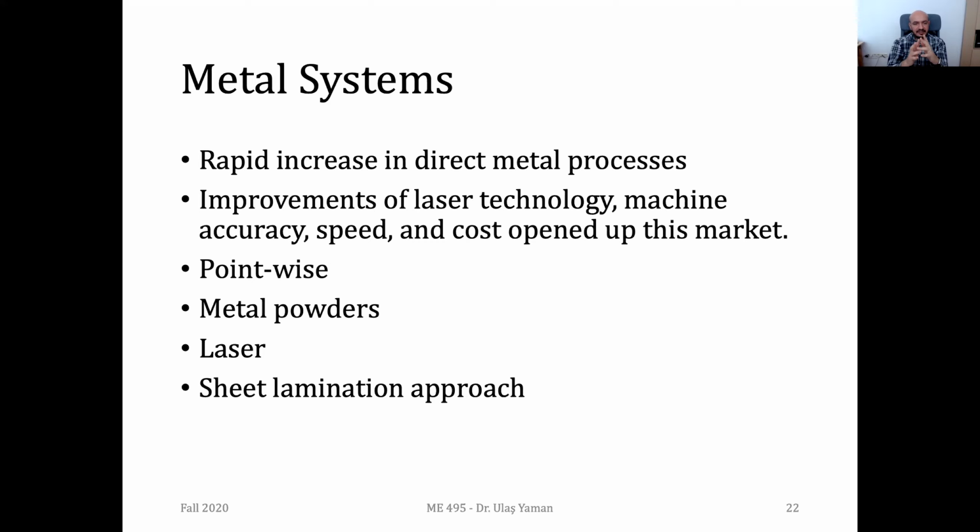And in that research, we need to have highly accurate axis control systems, more powerful laser technologies, and we may need to use multiple lasers at the same time to decrease the fabrication time. We need to have special powders, so powder manufacturing is another issue. And further, we may also use metal sheets in the metal systems.